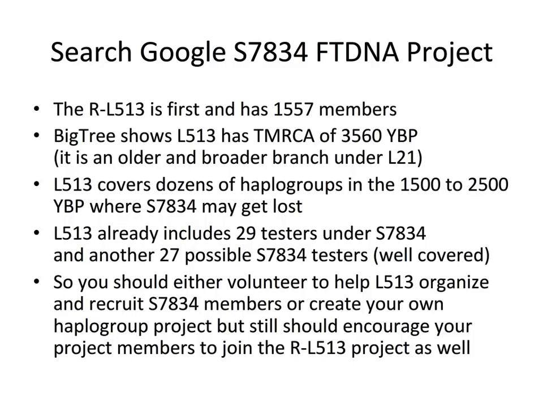So it's one of the older and broader branches under L21. It's probably being covered today in that manner, but with only 4 or 5 project admins and 30 to 50 haplogroups, creating a haplogroup project is probably a good idea.